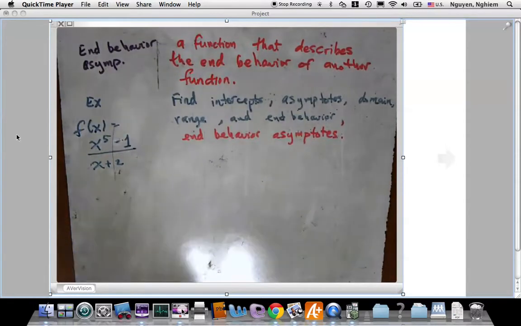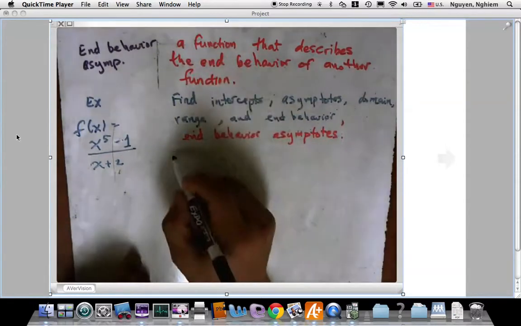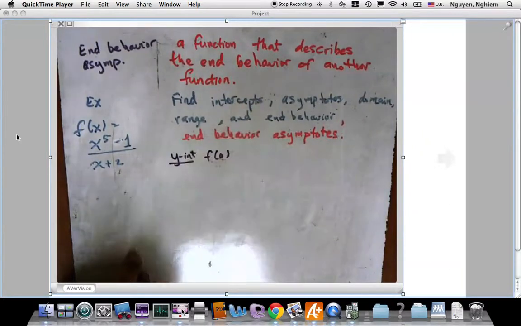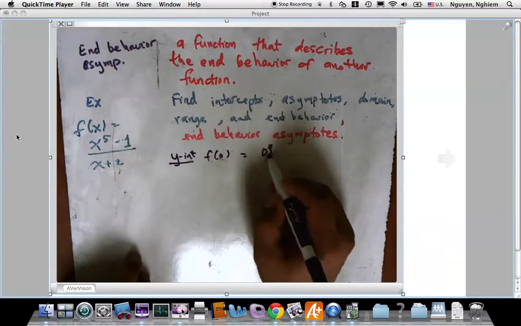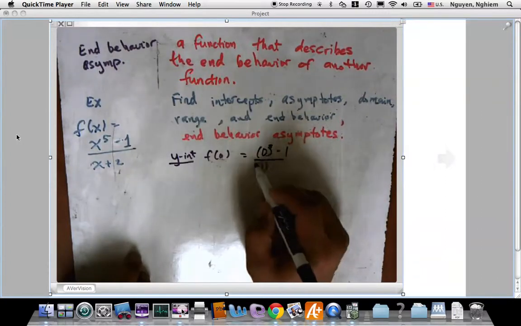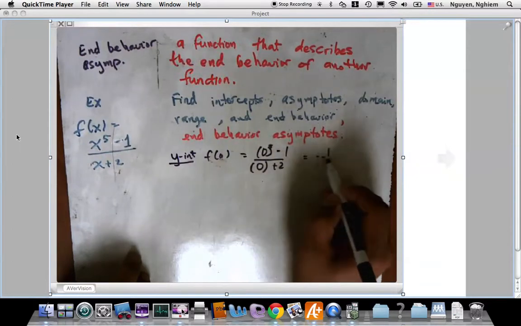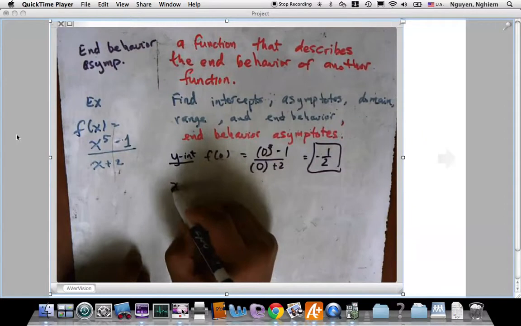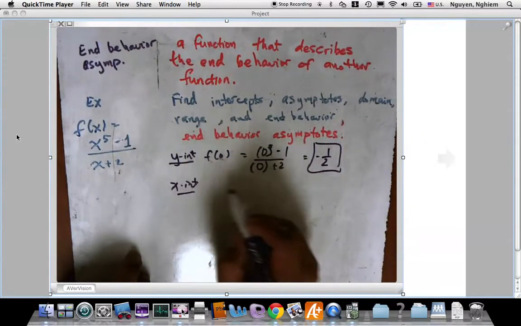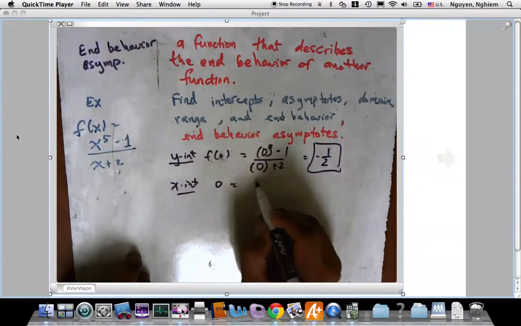And let's look at this example, and let's walk through this, and hopefully things will be a little bit more clear. So we'll start with finding the intercepts. Well, the y-intercept is just when x is equal to 0, so we'll substitute in 0, and I get 0 to the fifth minus 1 over 0 plus 2, and that's just negative 1/2. The x-intercepts is when you set y equal to 0 and you solve for x.